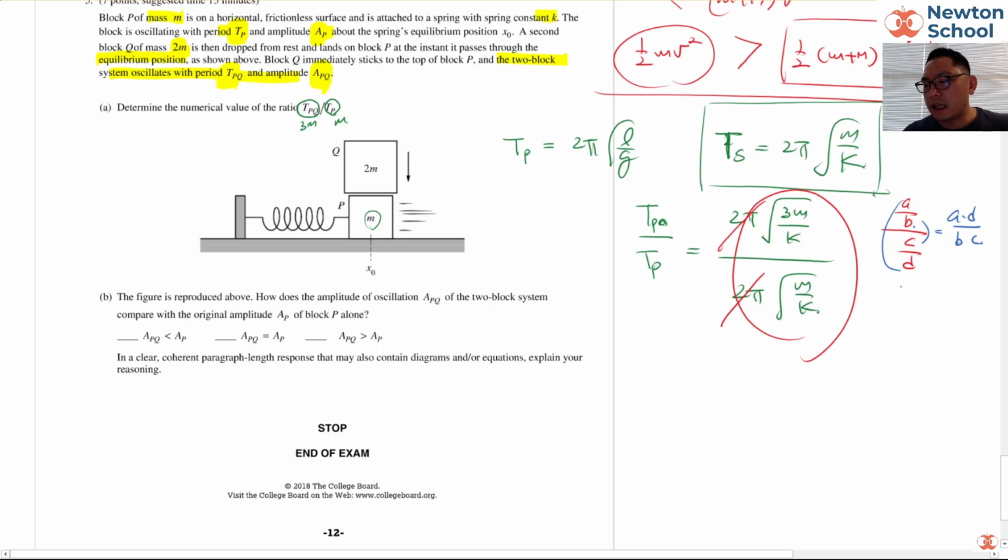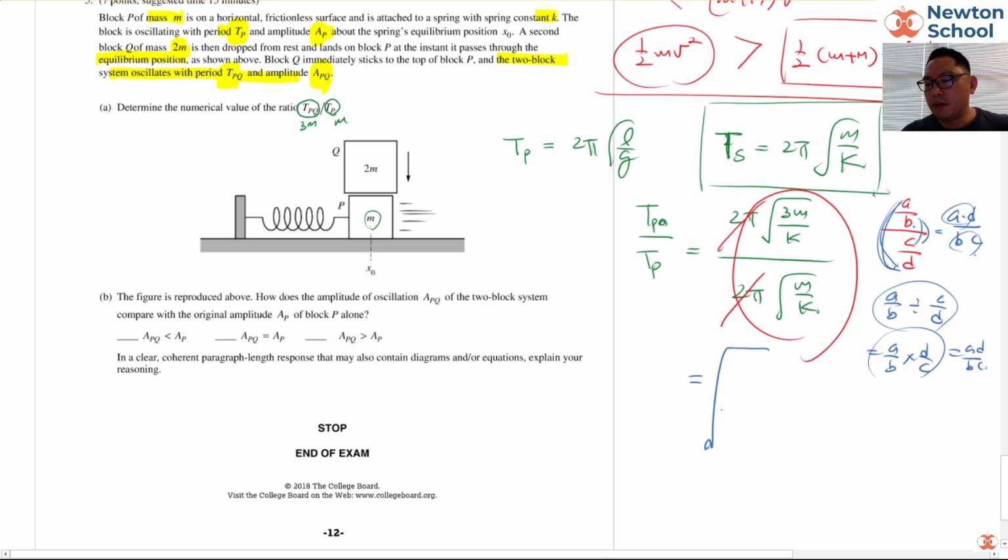The reason is this is actually the same as a over b divided by c over d, which is a over b times d over c. I know a lot of times you learn it this way, which is AD over BC. But since this comes up really often in physics and math, especially in SAT, I just want you to memorize: outside goes top, inside goes to bottom.